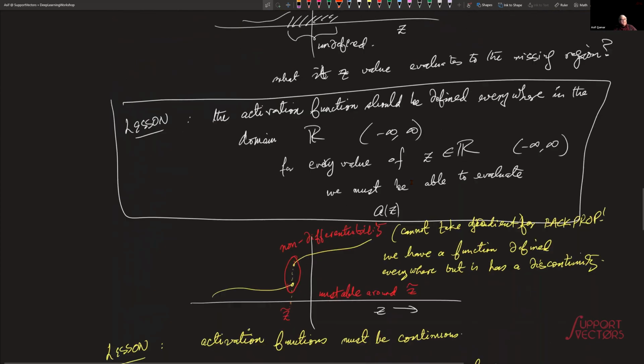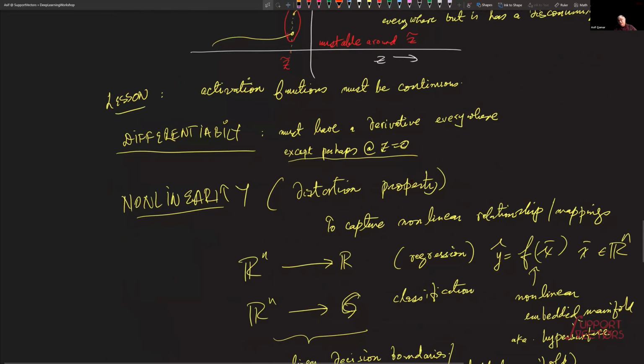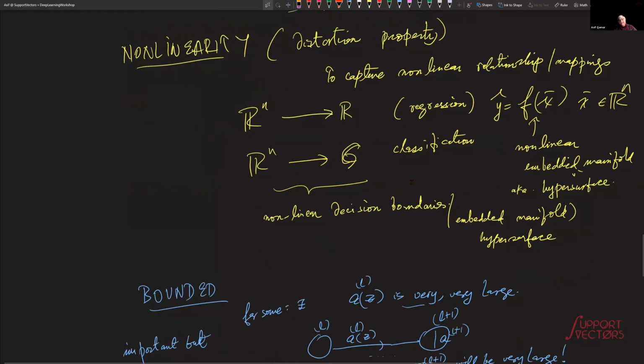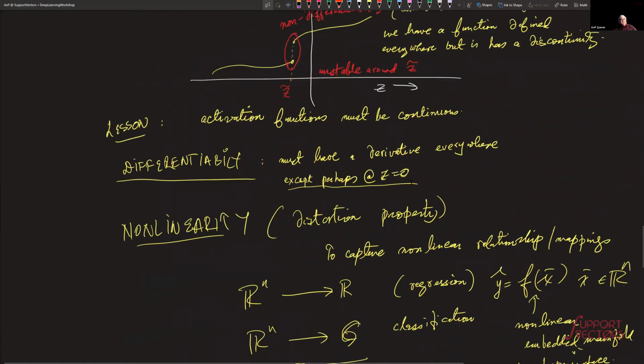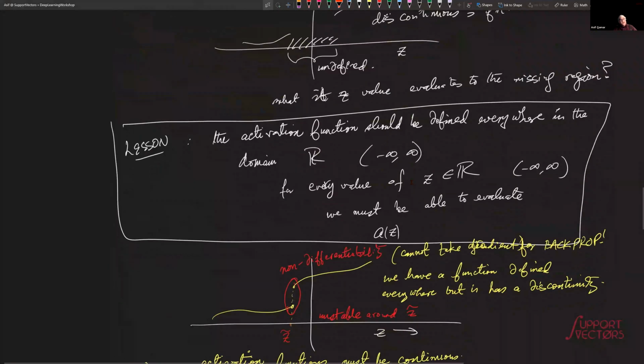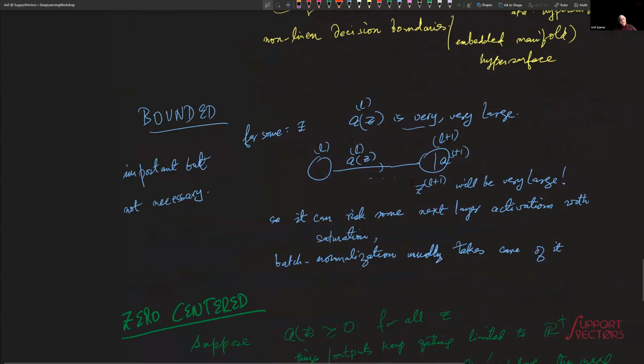The second is that differentiability must be there, except for maybe a point or two. Non-linearity must be there. So these three are not negotiable. The boundedness and the zero-centeredness, well, if you have it, it gives you benefits. If you don't have it, then you have to have an adaptation mechanism, a compensation mechanism to take care of it. Right? So that is it.